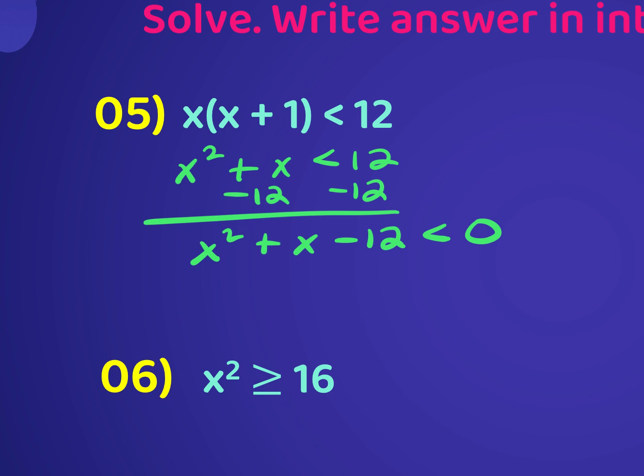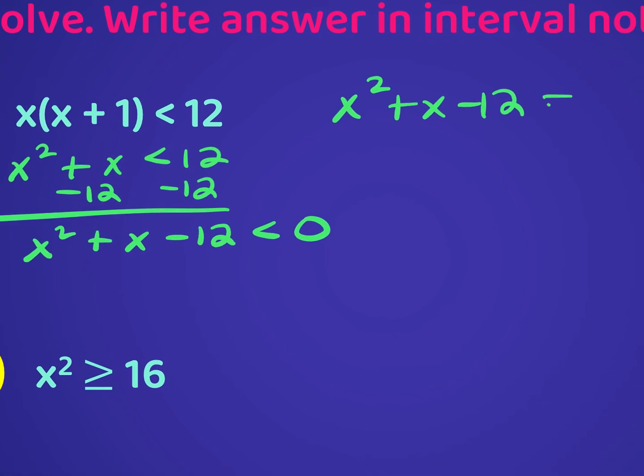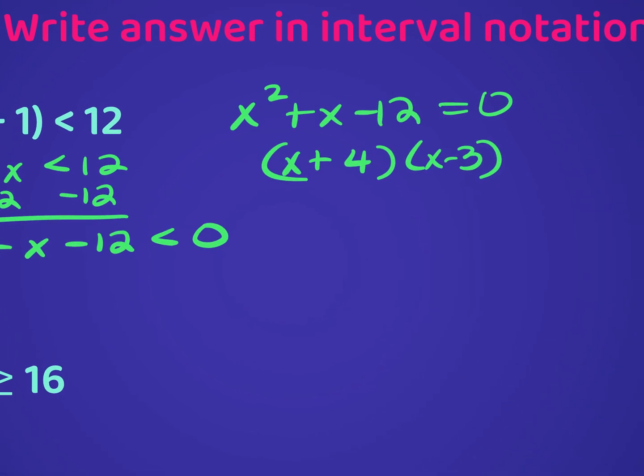Now I'm going to factor this as if it's equal to 0. So I'm going to change this to X squared plus X minus 12 equals 0. So my factors of negative 12 that will give me positive 1 will be positive 4 and negative 3, that when I add them give me a positive 1.